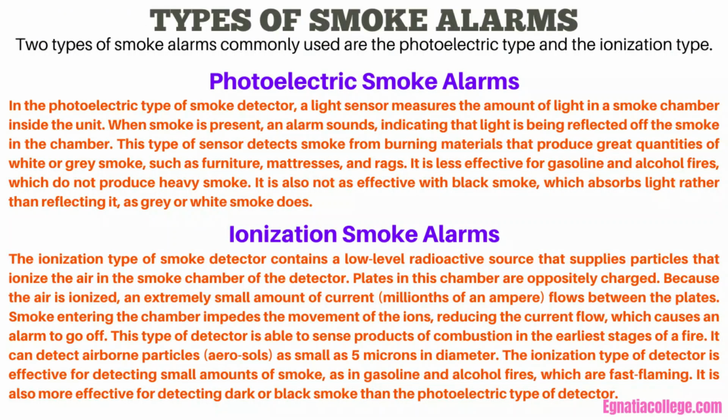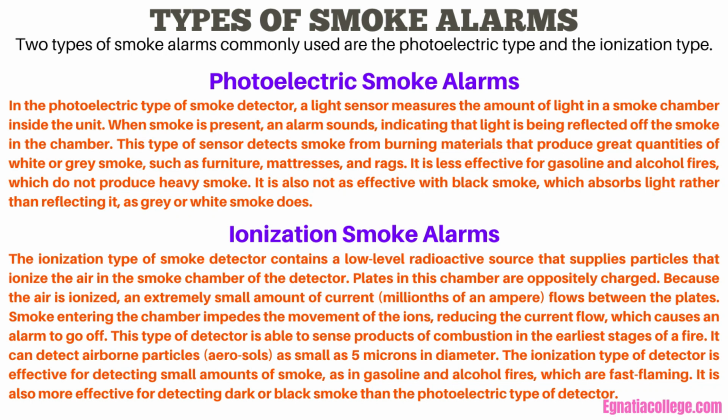Types of smoke alarms. Photoelectric smoke alarm. In the photoelectric type of smoke detector, a light sensor measures the amount of light in a smoke chamber inside the unit. When smoke is present, an alarm sounds, indicating that light is being reflected off the smoke in the chamber.